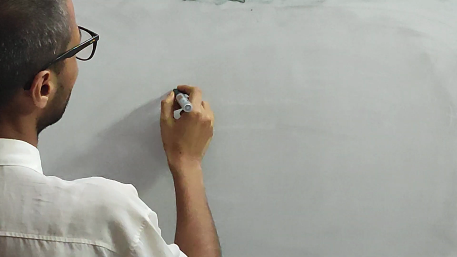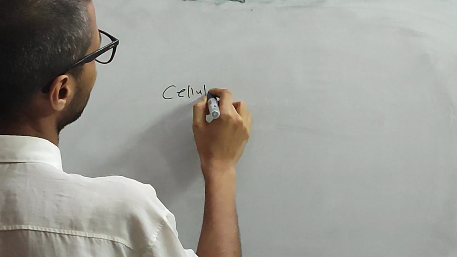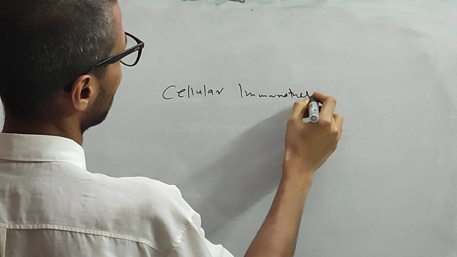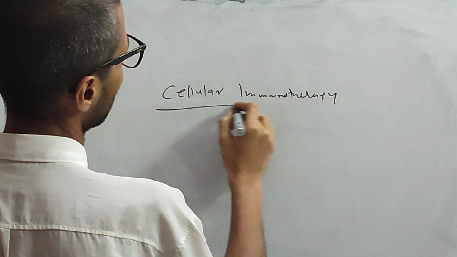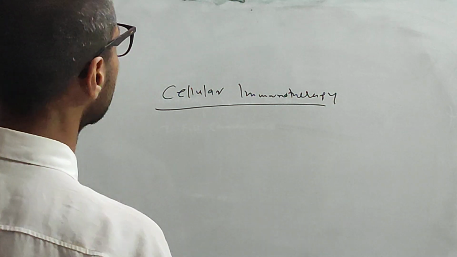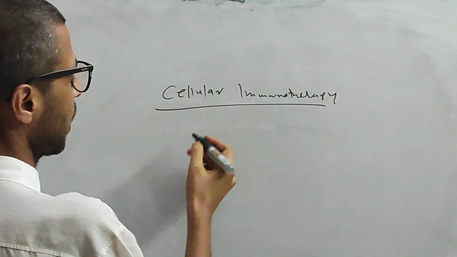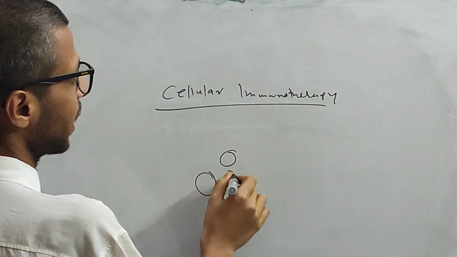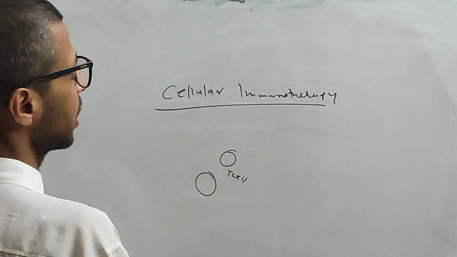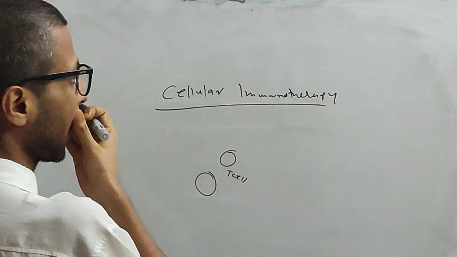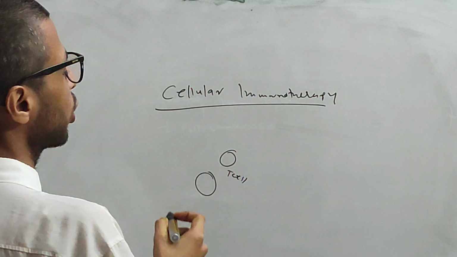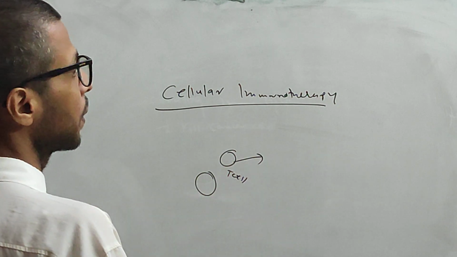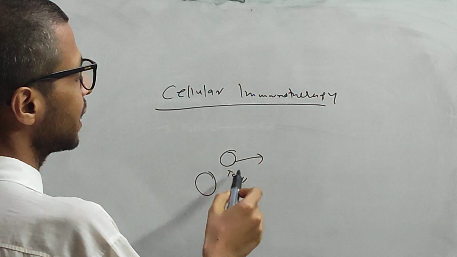You might have heard about cellular immunotherapy. It is also called adoptive T cell transfer therapy. I told you that when there is a tumor cell, the T cell comes to attack and destroy that tumor cell. So in cellular immunotherapy, they extract the T cells from the patient and they engineer them.